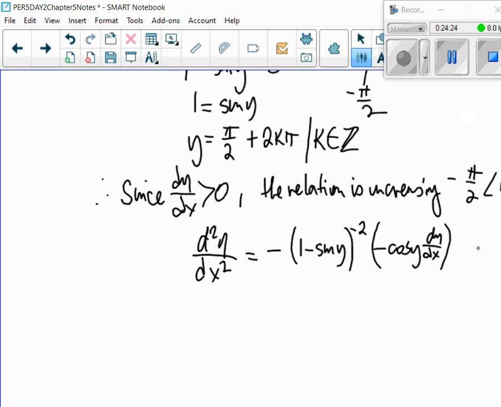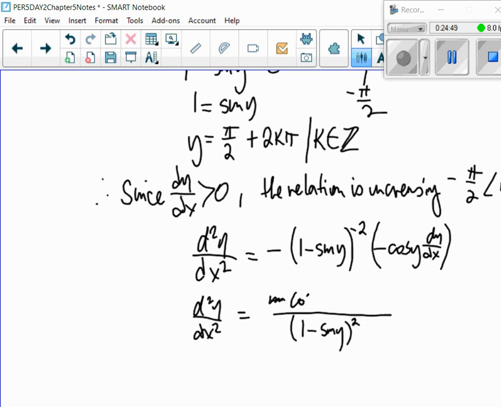Plug it in. Before I plug it in, I'm going to deal with this. So d squared y over dx squared equals, I'm going to put this on the bottom, so 1 minus sine y squared. Does everybody see what I did there? Then this negative negative is really a positive, so I'm going to get rid of the negative.